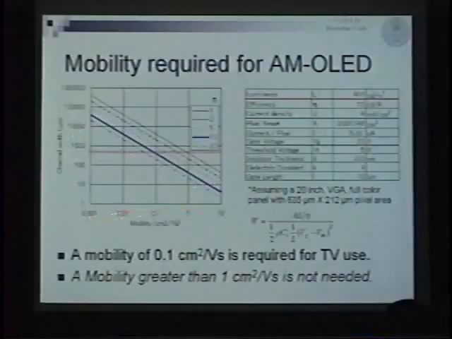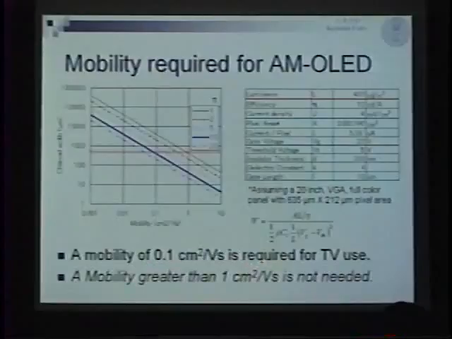The horizontal axis is mobility. We are assuming that for this pixel area, the maximum channel width is 600 micrometer. That is the red line. So the cross point gives us the minimum mobility required for AM OLED. That mobility is 0.1 square centimeter per volt second.